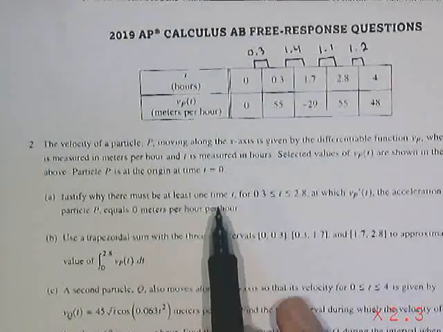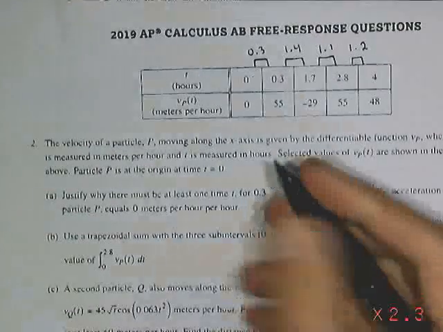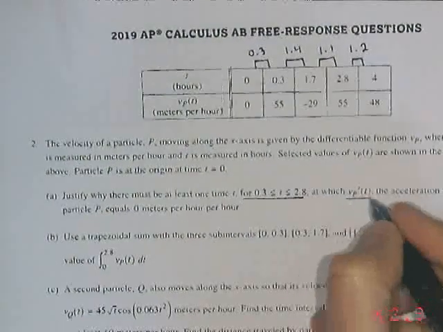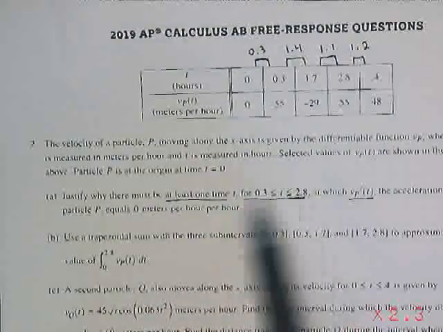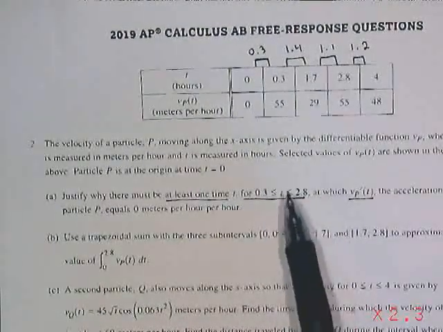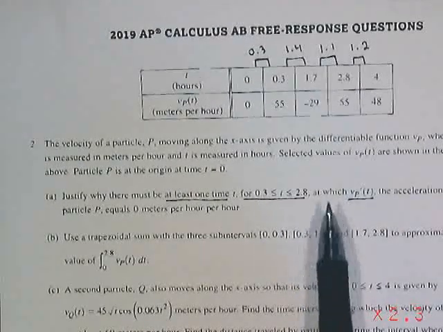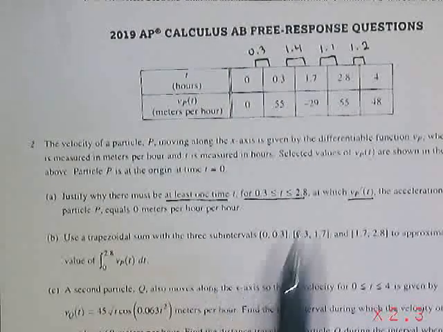At least one time, closed interval, derivative. These are magic words in AP Calc FRQ land, and they mean mean value theorem. Closed interval, derivative, at least one time, mean value theorem.